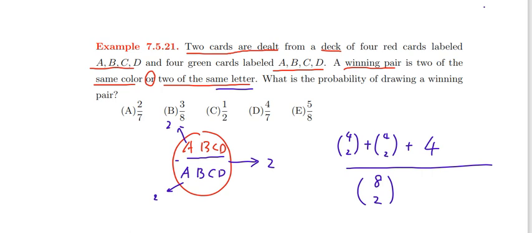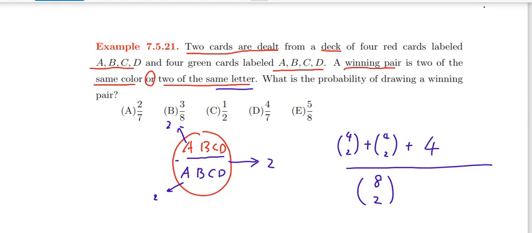And for the same color, we pick a pair of red or a pair of green. So this is the probability. So let's calculate this number.